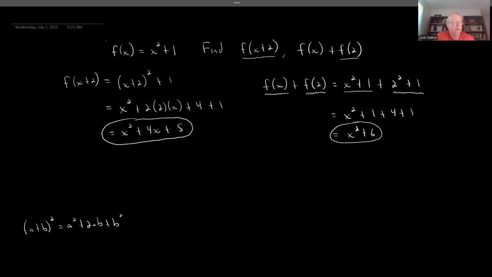And so as we move along in pre-calculus, you need to get comfortable with that. And as you move into calculus, you really need to get comfortable with that. It's definitely a skill that you will need as you move along your math career.